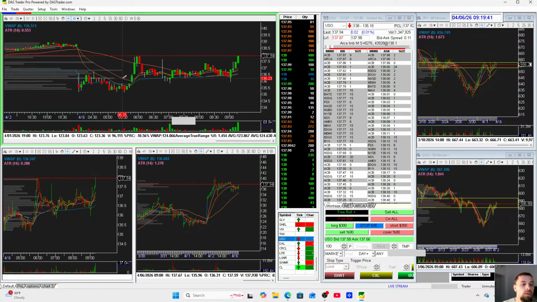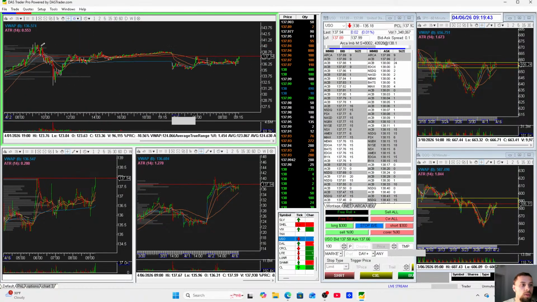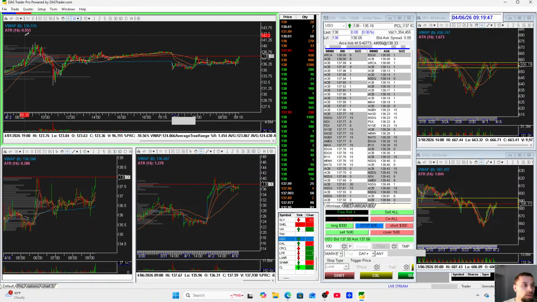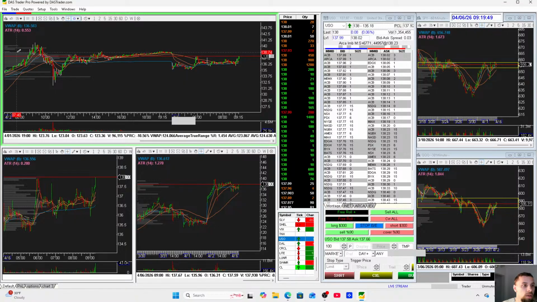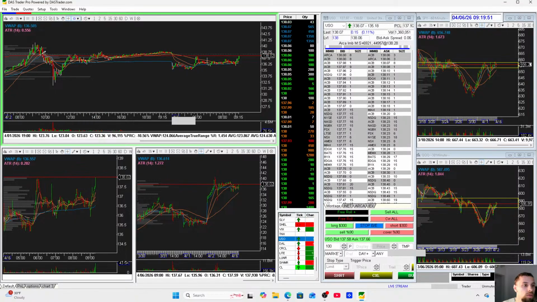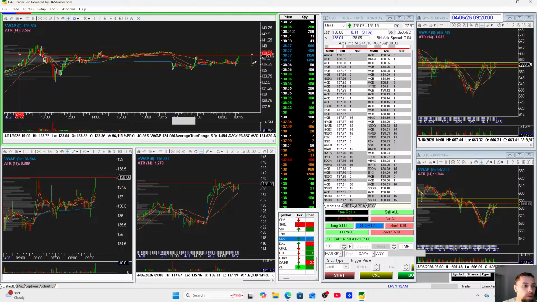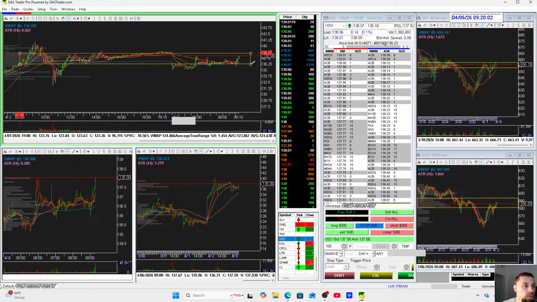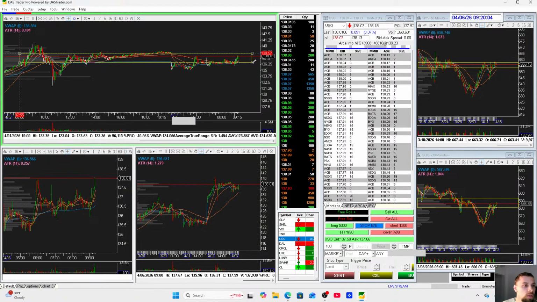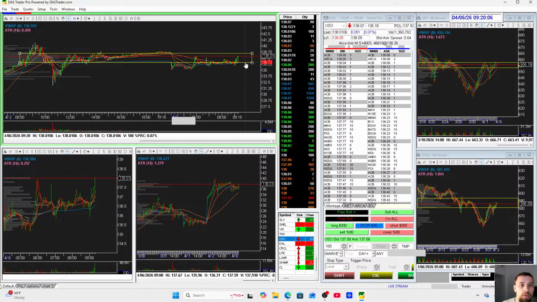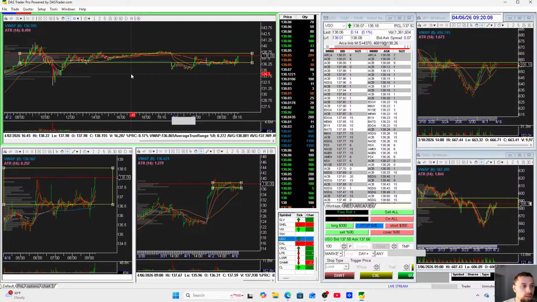Let's see. So clear area of resistance here, it's going to be about 138.57. Area of support seems to be around 136.72.